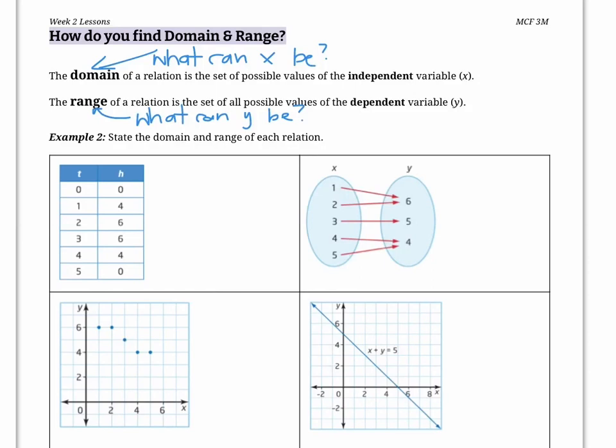So one more time, domain is what can x be, and range means what can y be.